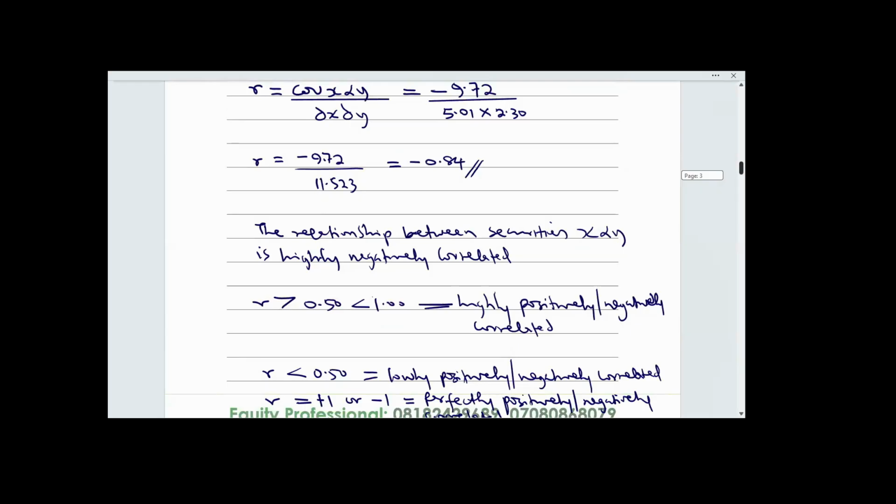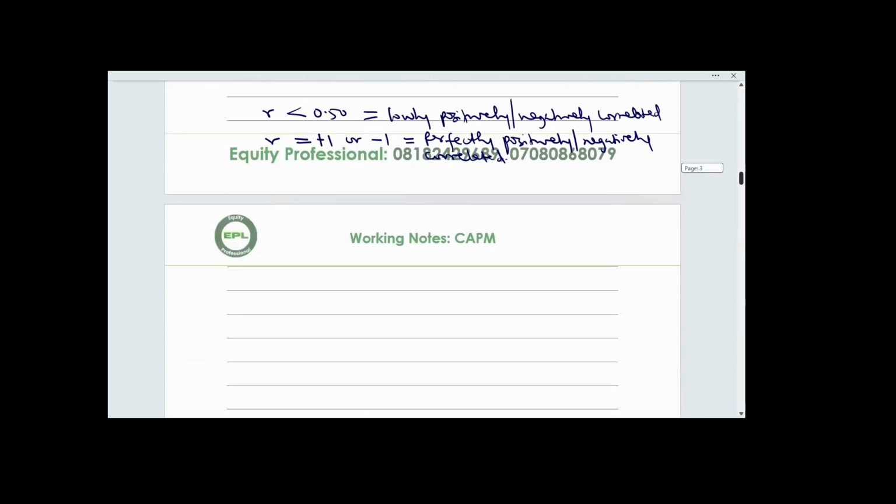We expressed our result to mean that the relationship between security X and Y is highly negatively correlated, which is good because for investors to minimize the risk of the portfolio, you must invest in securities that are negatively correlated. That's the primary objective of an investor, to minimize portfolio risk. So you need to invest in securities that are negatively correlated. So that is for that.